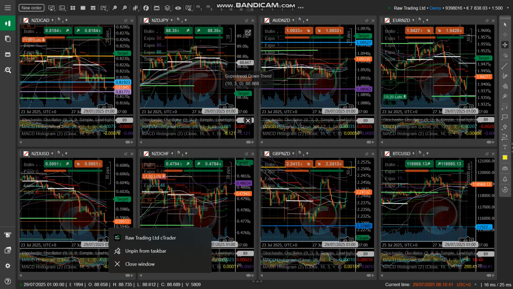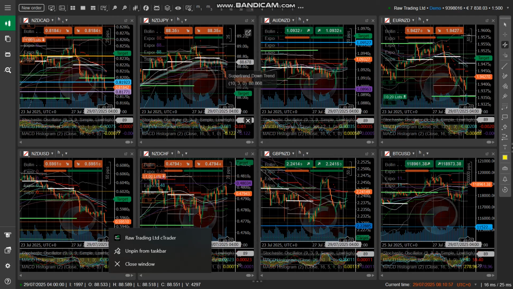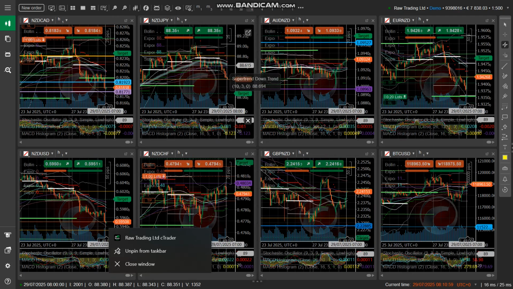It's not really correlated, New Zealand Swiss franc and New Zealand JPY, but they are showing that at the last candle, the London open, they drop.